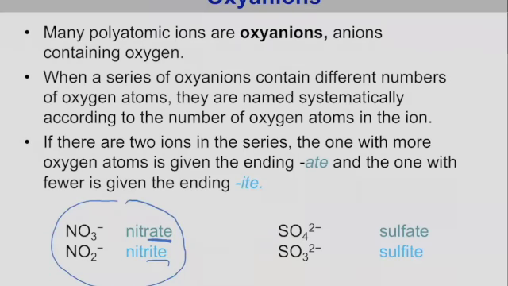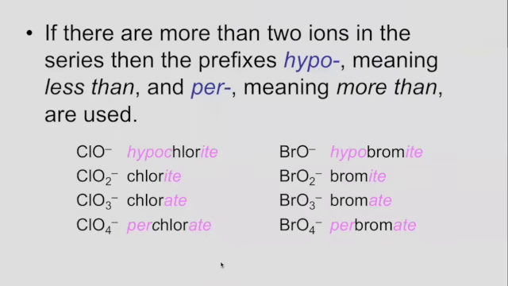However, there are other families. For example, the SO family. The one with the 4, because it's the most, ends in the word "ate." The one with the least ends with the word "ite." Unfortunately, for you to follow this rule, you're going to have to know how many are in that family. For example, this has 4 in the family. One of them has 1, the other one has 2 oxygens, and 3 oxygens, and 4 oxygens.